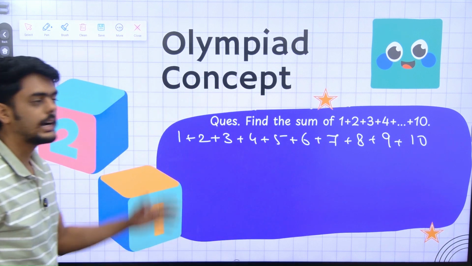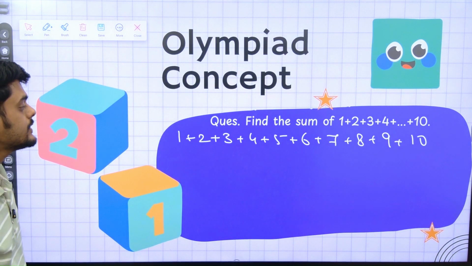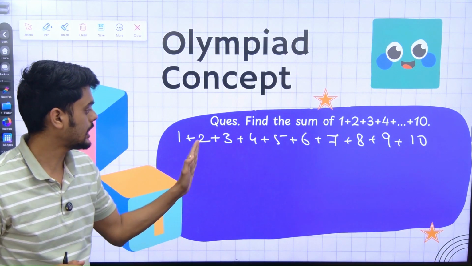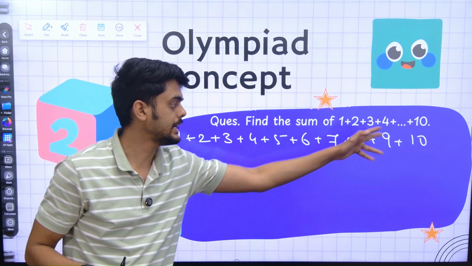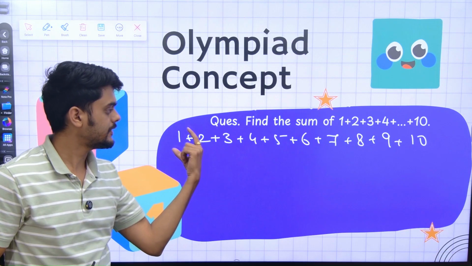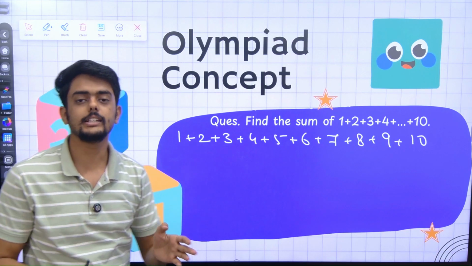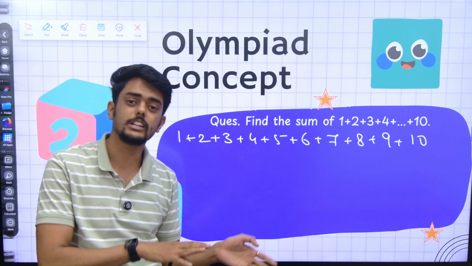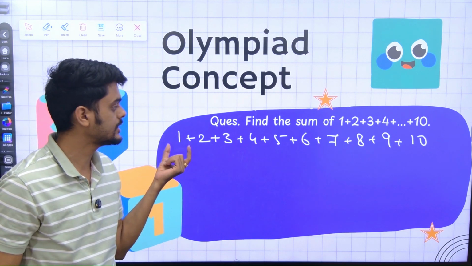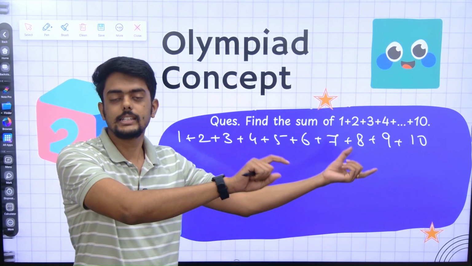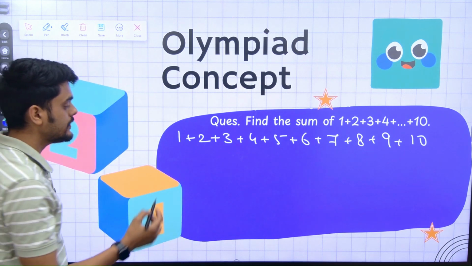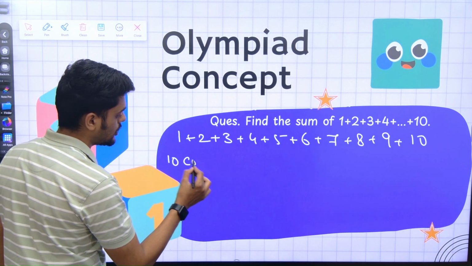Okay, now as per Olympiad, whenever you have 10 consecutive terms, consecutive means just one after another, there should not be any break within the terms. Irrespective of the first term and the last term, they could be anything like 1, 53, 74, 109, whatever you wish to have as the first term, but the next term should be consecutive.